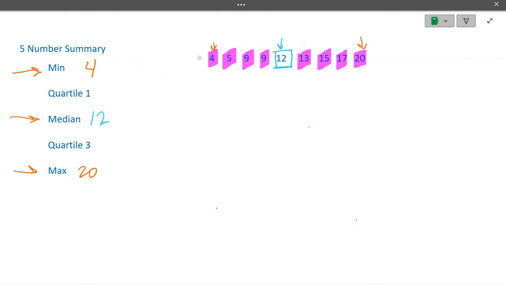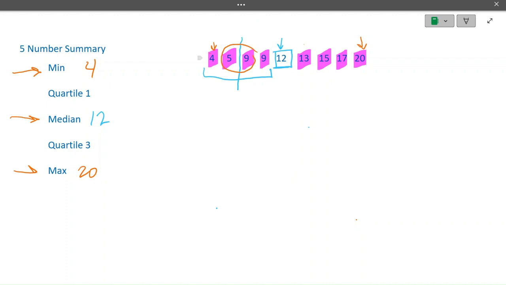So quartile 1 pertains to the middle of this lower half of the data set, because now we're going to try to find the 25th percentile, also known as quartile 1. So I know that if I count 2 on each side, the median is going to be right here. You could have done the same highlighting trick that I did here, but since it's only 4 values, it's easy to find the middle. So the middle is actually going to be the average or the midpoint of these two numbers.